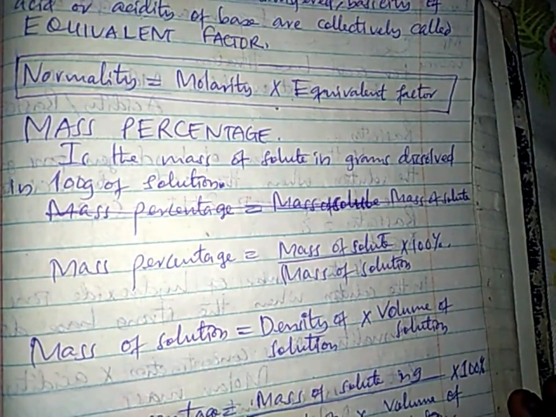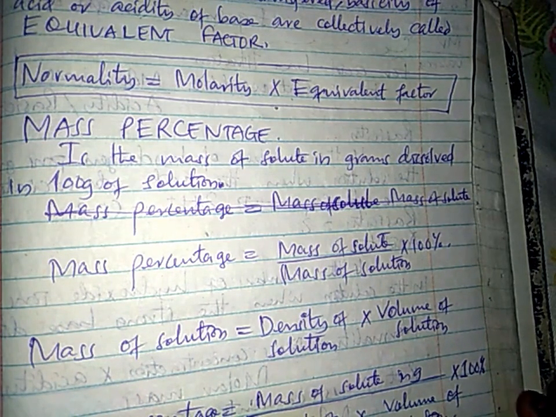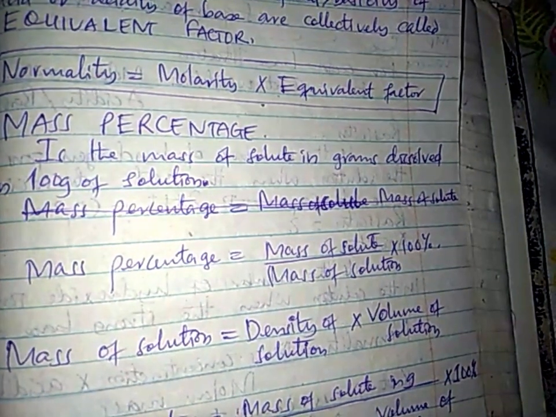Mass percentage is the mass of solute in grams dissolved in 100 grams of solution.